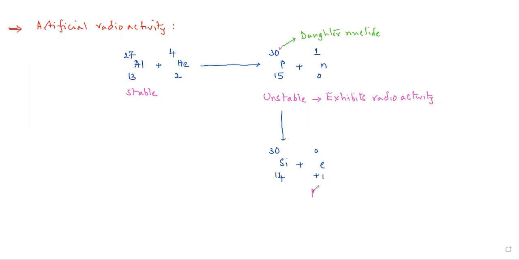A positron is emitted. Okay, so artificially we have prepared or made something which is unstable, starting with a stable one. So this is called artificial radioactivity. Okay.